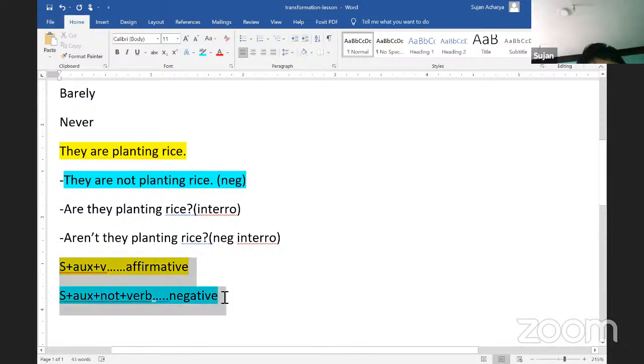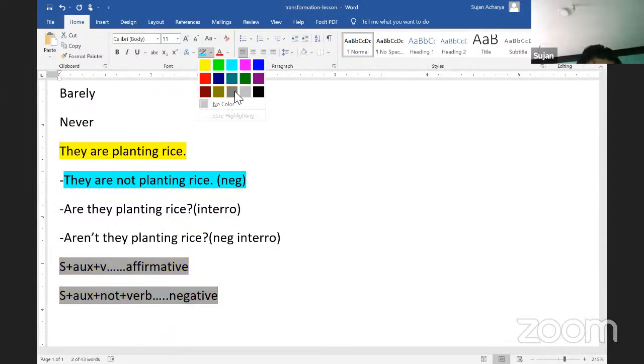Look at the structure of these two. Affirmative to negative: we put not after the auxiliary verb. Now if you go through this, it will only confuse you.